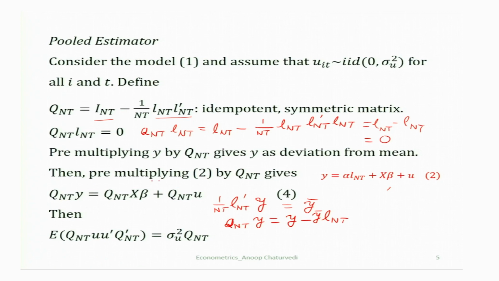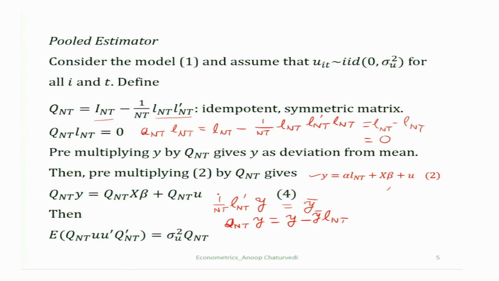Then, if we pre-multiply equation 2 by Q_nt, you get Q_nt y equal to, now the first term vanishes, because Q_nt l_nt is equal to 0. Then you get Q_nt x beta plus Q_nt u.